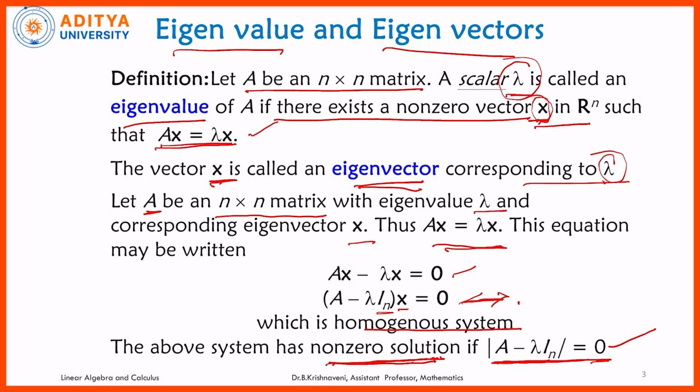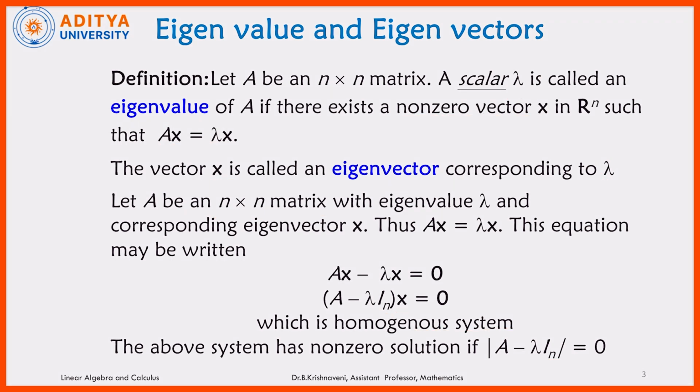We call lambda an eigenvalue whenever there exists a non-zero vector x such that Ax is equal to lambda x. Here, lambda is called the eigenvalue and x is called the eigenvector, which is a non-zero vector. By using the definition, we have derived a homogeneous system, and this system possesses a non-zero solution whenever det of A minus lambda In is equal to 0.